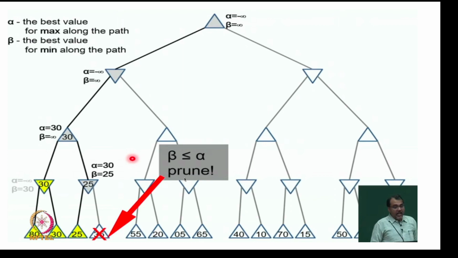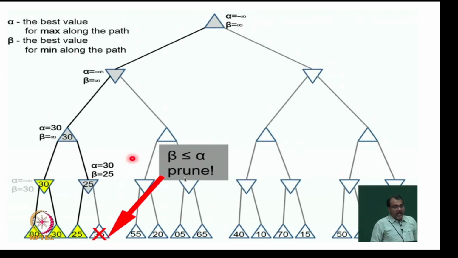So now coming to 25, what is alpha and beta? When we go downward, we first copy-paste the terms and then update alpha and beta. So we initially had alpha 30 and beta infinity. Now we update: alpha stays 30 itself and beta, you can see there is a number 25, so the best value for minimum along the path will be 25. So we put it there, alpha equals 30 and beta equals 25. Whenever we find such a situation where beta is less than or equal to alpha, you just prune it.